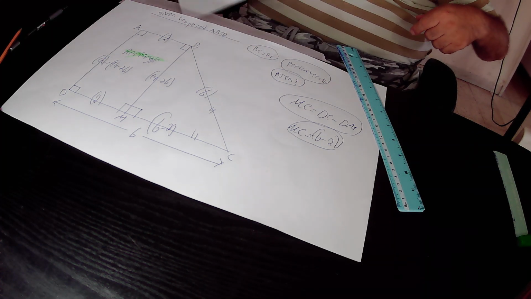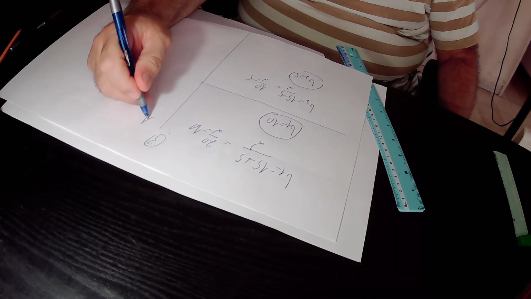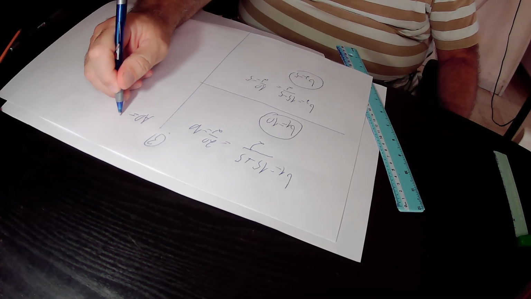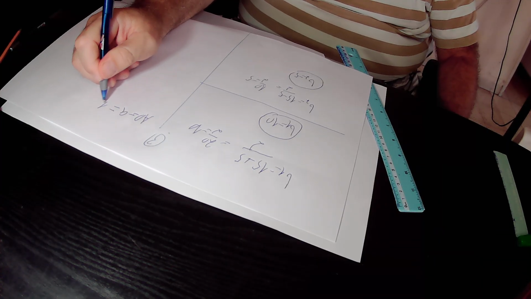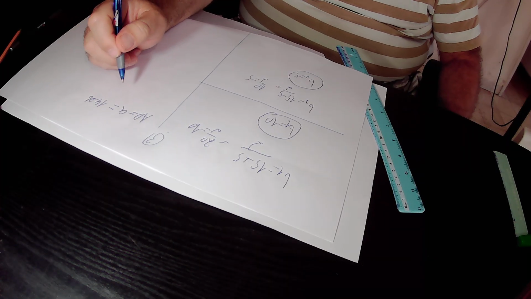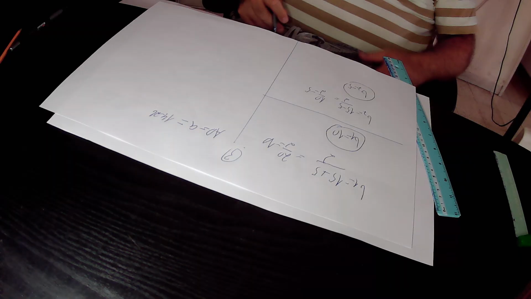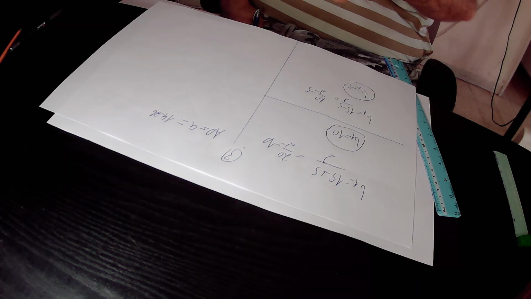So moving on, AD is one side of trapezoid ABCD, and it equals A units in its length, and A equals 14 minus 2B. And 14 minus 2B is the expression for the length of side AD.